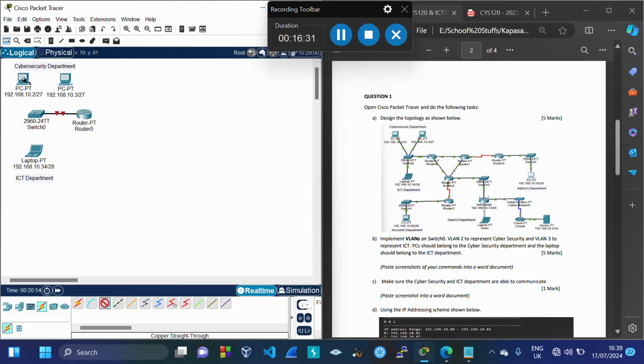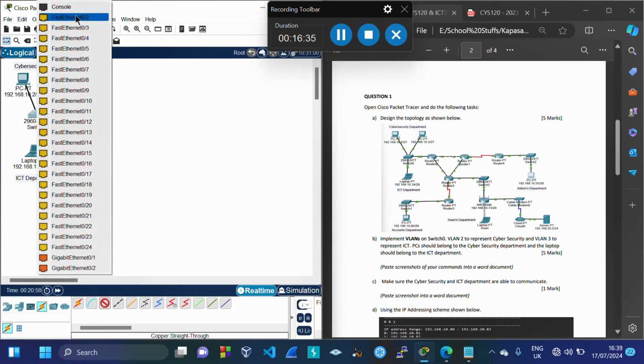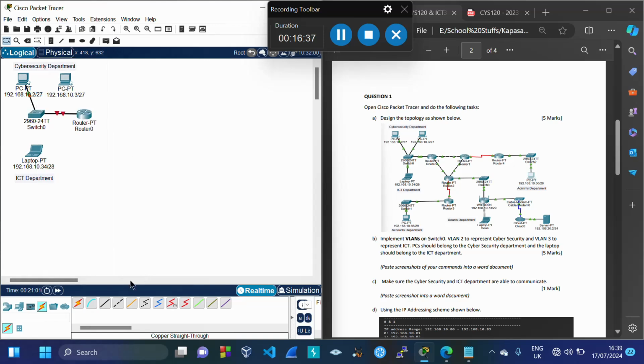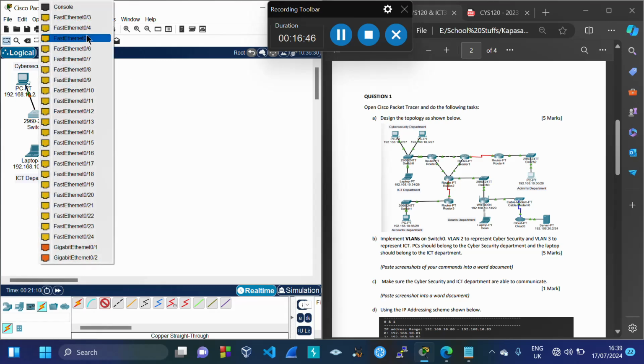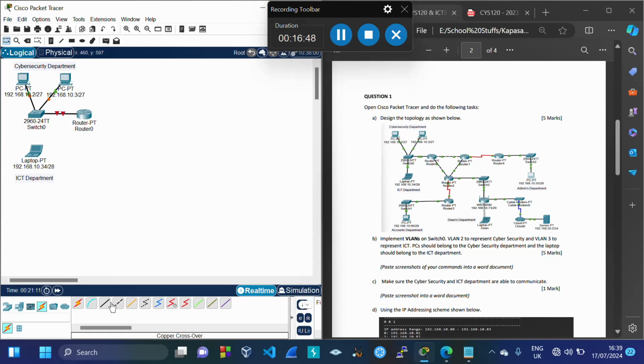Again, I'll connect this PC to the switch with the second interface. Let's keep in mind, I won't be showing my connections, but I'll be memorizing. Again, I'll use the third port to connect this PC, then the fourth port will belong to ICT, like that. Now, after coming up with this, we can try to understand something before we even implement VLANs.